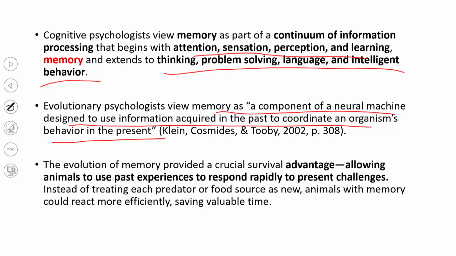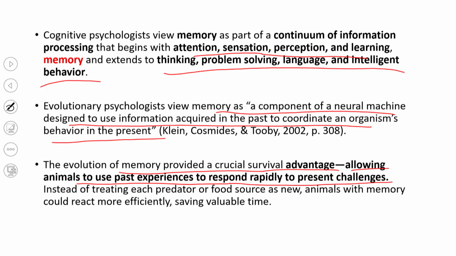Every time, you do not have to learn a new thing and take a new step, simply because everything is stored in your brain. Whenever a situation arises, whatever you have learned in the past will get activated and help you to solve the problems in the present context. So, the evolution of memory provided a crucial survival advantage. It allows animals to use past experience to respond rapidly to present challenges.